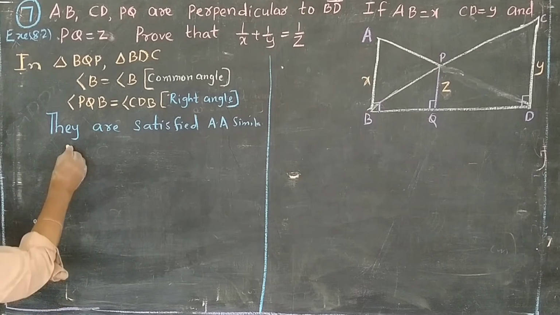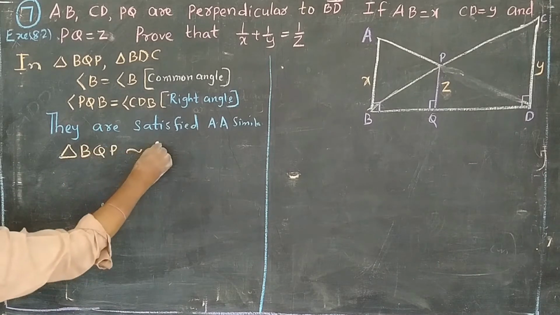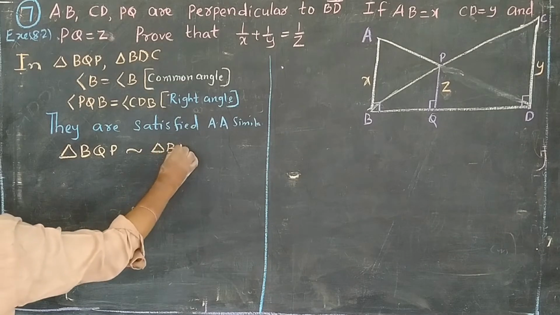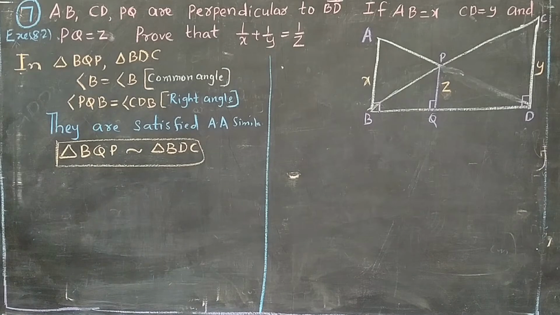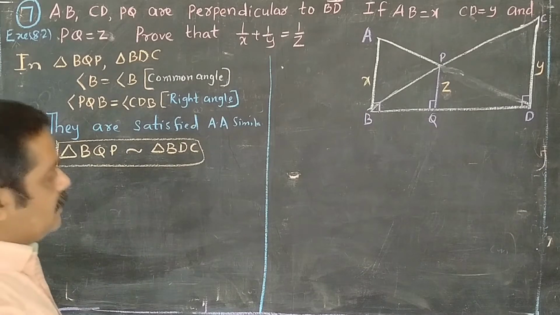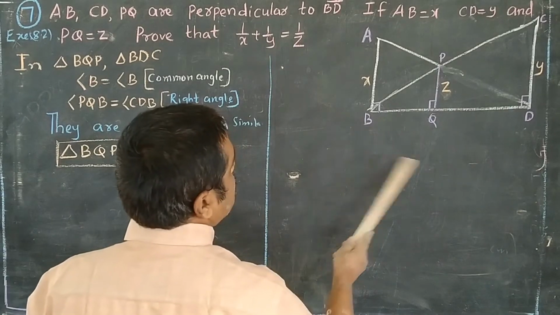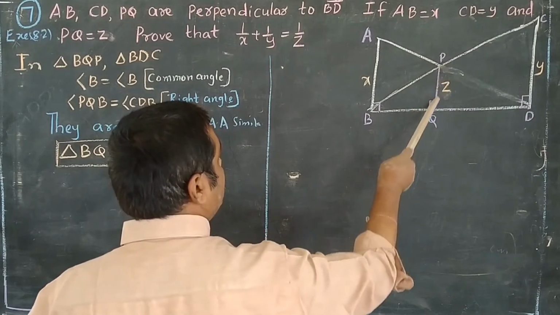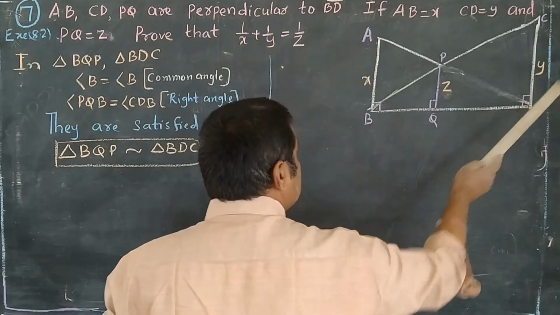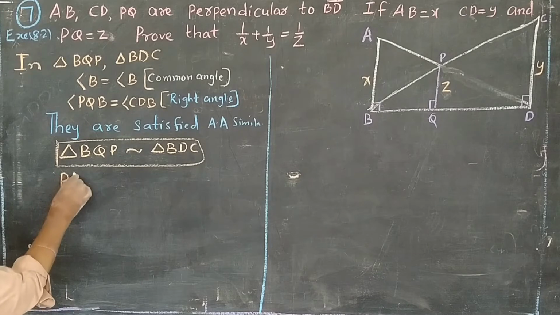That's why triangle BQP is similar to triangle BDC. When these two triangles are similar, their corresponding sides are in the same ratio. What are the corresponding sides here? For example, small triangle length PQ by CD.